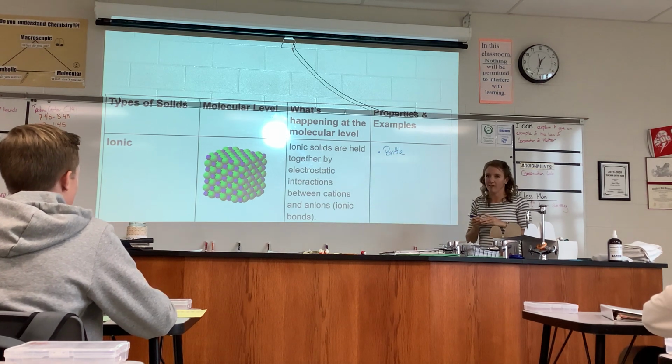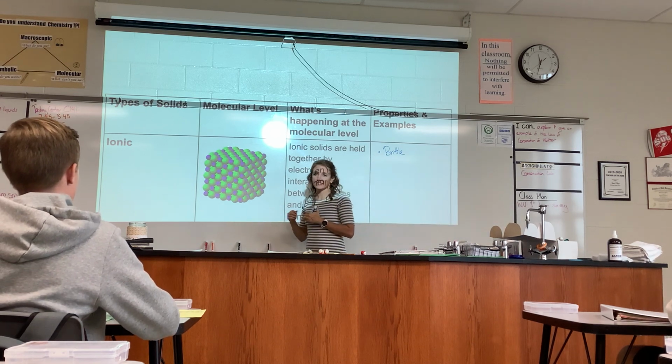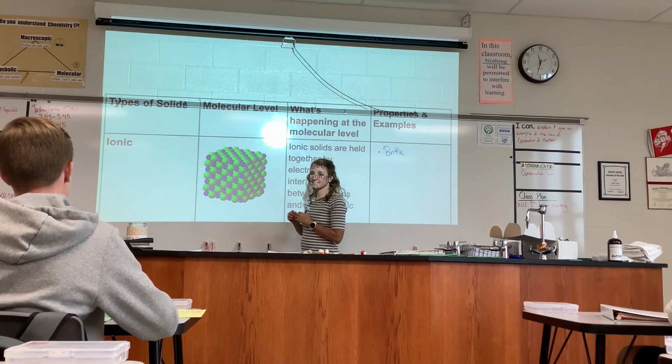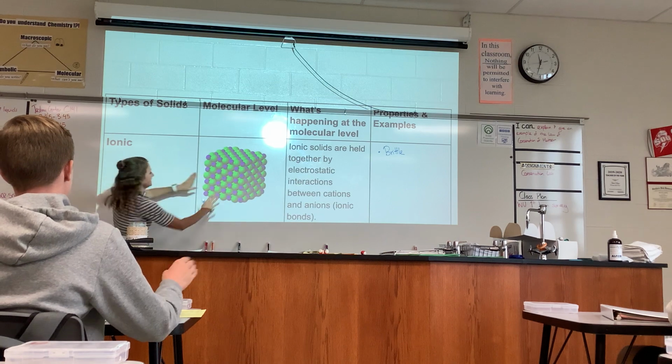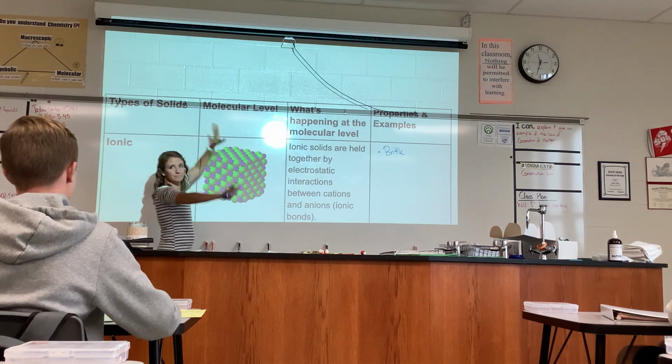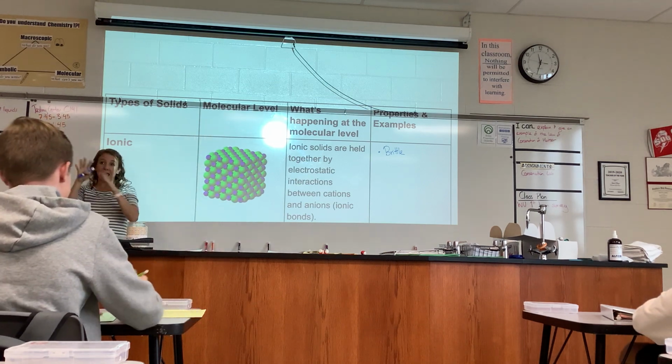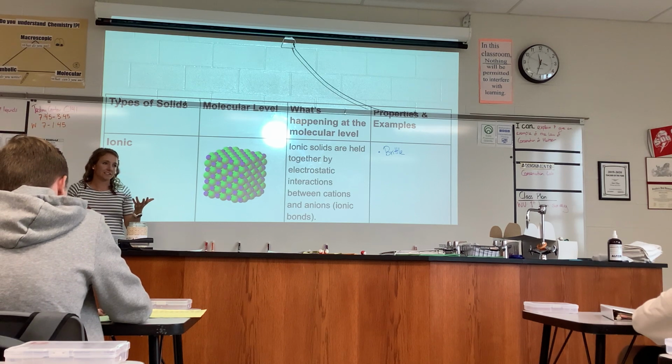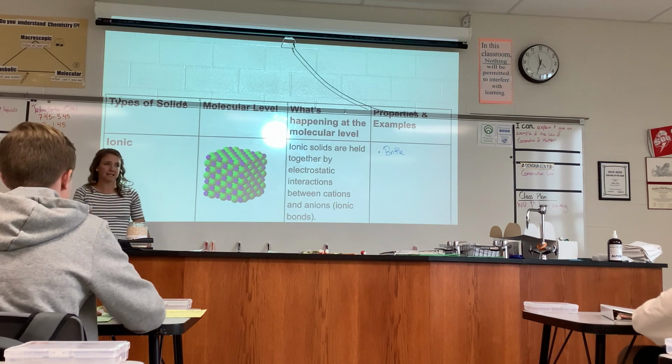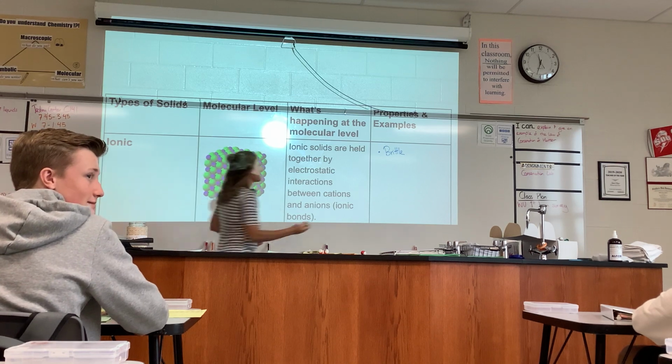So why are they brittle? Because when it gets hit, the same charges line up and they push apart, right? Because it can shift if you apply enough force, but then they don't like who they're next to, and so they push each other apart. So, good, Sam. Sophia. It also has a high melting point. Good.